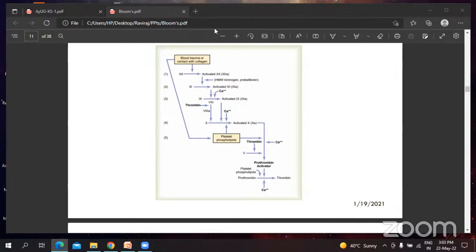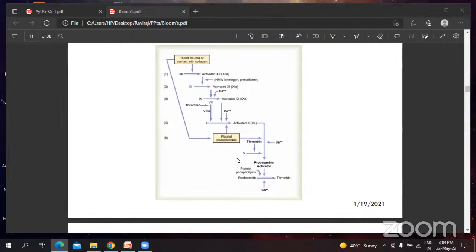Intrinsic. Who is this? Sir, me. What is your name? Vidhi Verma. And who said extrinsic? Somebody said extrinsic also. Anyway, this is intrinsic pathway.